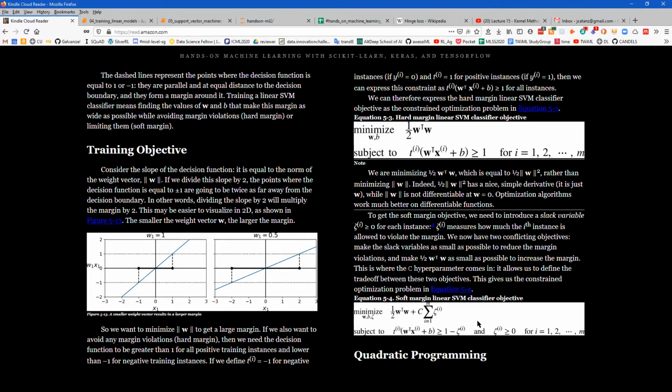So the reason what makes support vector machines so great is that quadratic functions are convex. As we know, quadratic functions have a single global minimum, right? If you think about a parabola. So this is a solvable, convex problem, which means that you can actually find the global minimum.